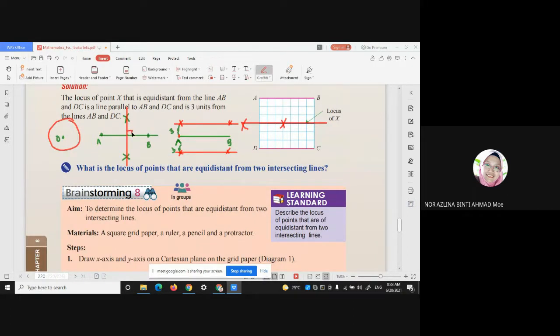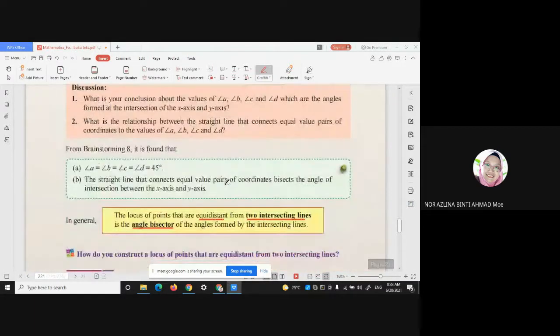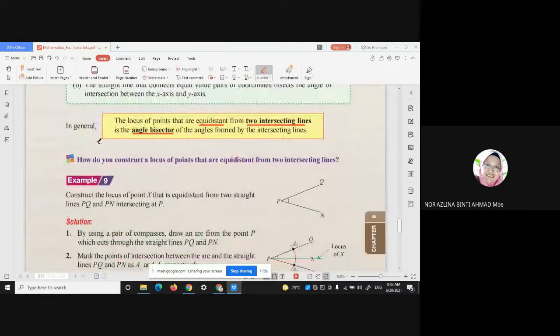Perpendicular. Left side also 90 degrees. But here, this is the angle bisector.